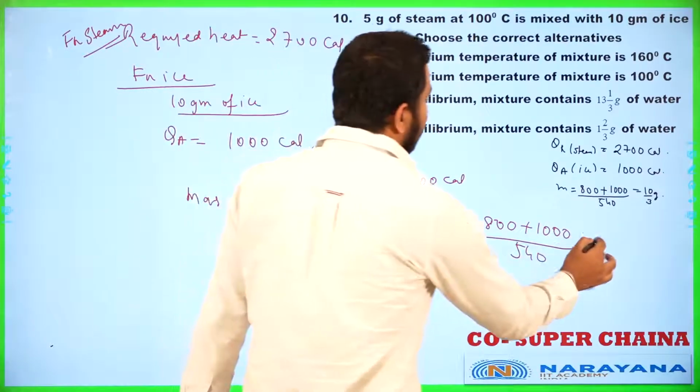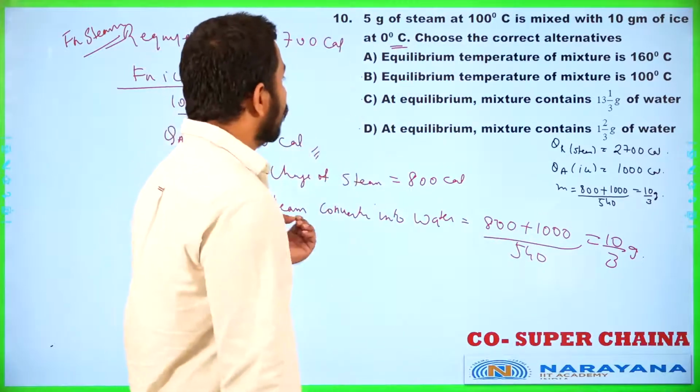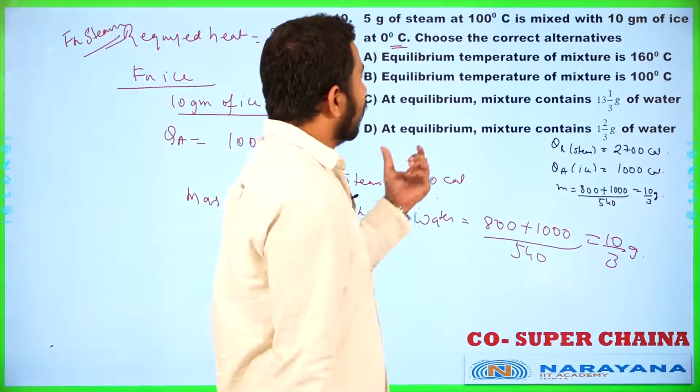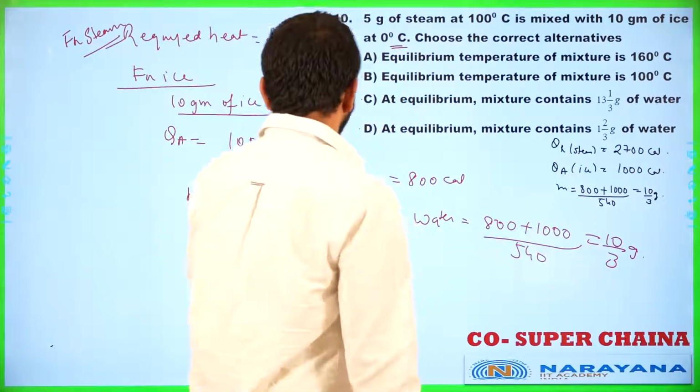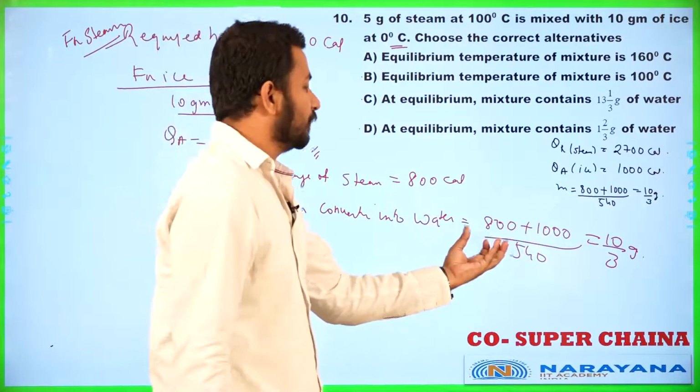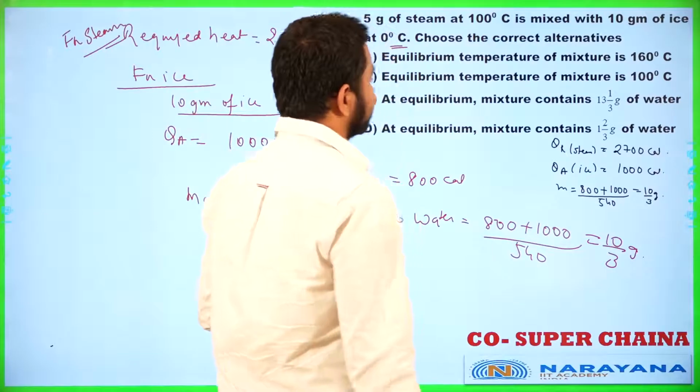So this will be coming as 10 by 3 gram. So we see that initially, due to this change in temperature, whatever is the form, this much is the heat form.